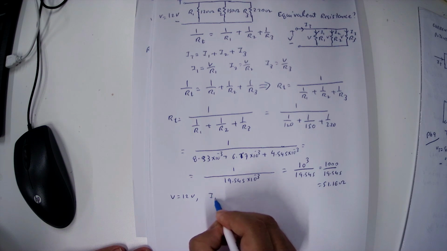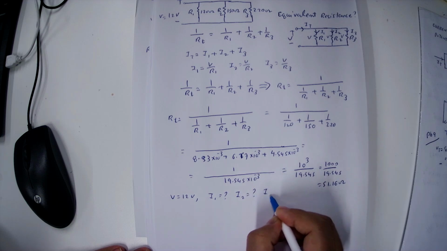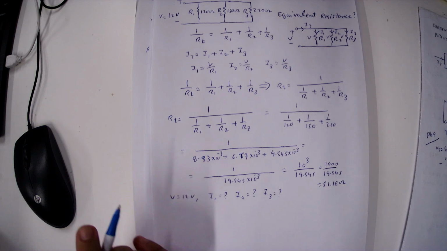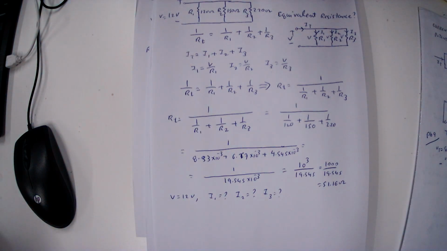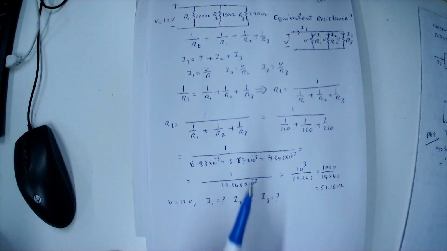We need to find I1, I2, and I3. All resistors R1, R2, R3 are connected in parallel across 12 volt. Therefore, the voltage drop across R1 is 12 volt, across R2 is 12 volt, and across R3 is also 12 volt.